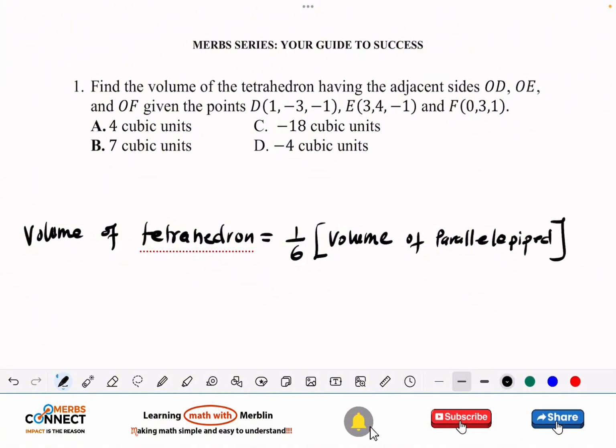So the volume of a tetrahedron is equal to 1/6 of the volume of a parallelepiped. That's what we just need here.